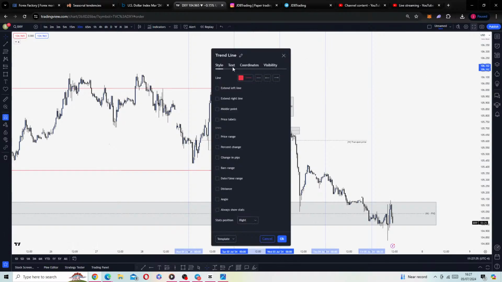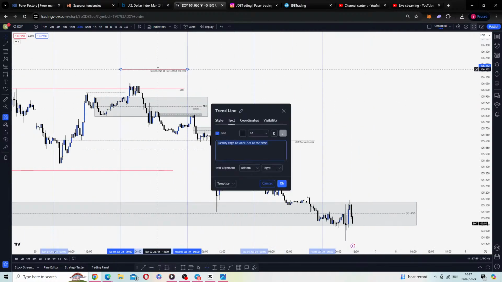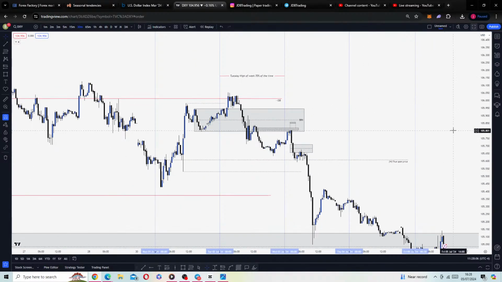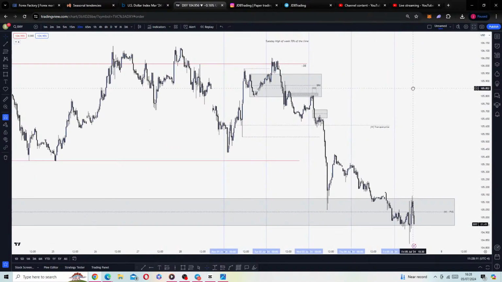Okay, so in terms of when the high was made, Tuesday high of week, 70% of the time. Yeah, that is a statement I'm making. Tuesday high of week 70% of the time, or low of week 70% of the time.